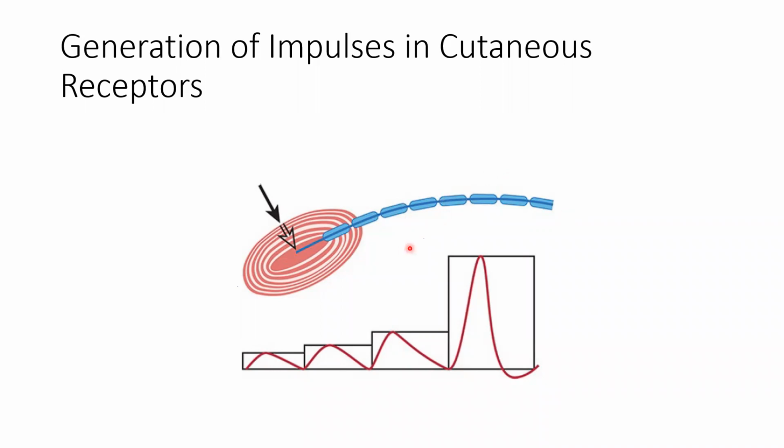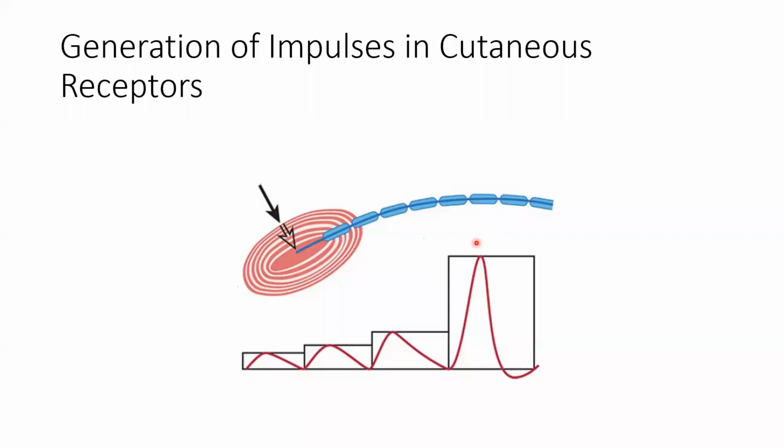So if the generator potential is great enough, the neuron will fire again as soon as it repolarizes, and continues to fire if the generator potential is large enough to bring the membrane potential of the node to the firing level. So the node of Ranvier converts the graded response of the receptor into action potential. This is the graded response, and this is the action potential.